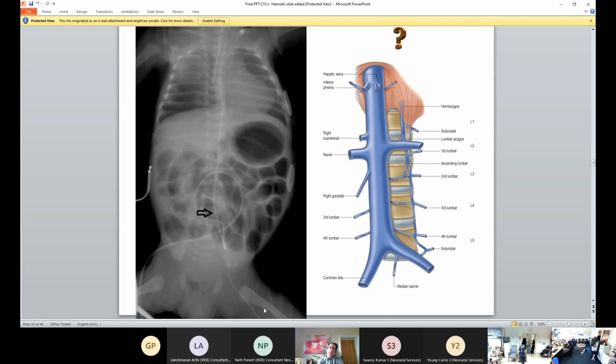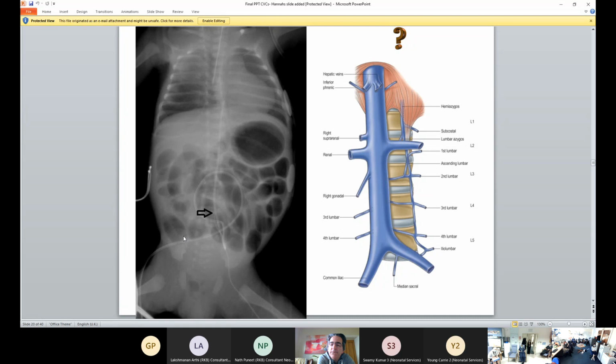This one, if you look here, you see the long line is stopping in this area. So that is not acceptable, because stopping here, to the left of the midline, it means it has gone through one of these lumbar veins.